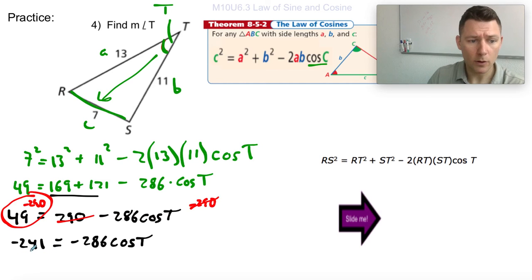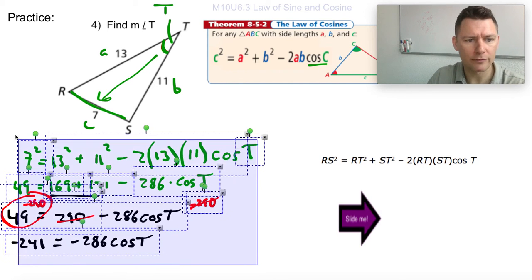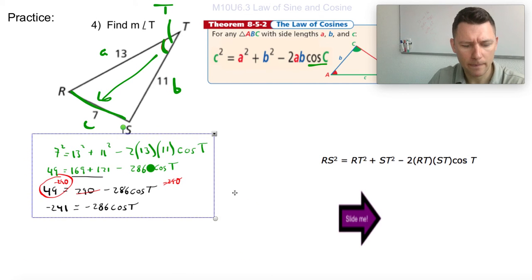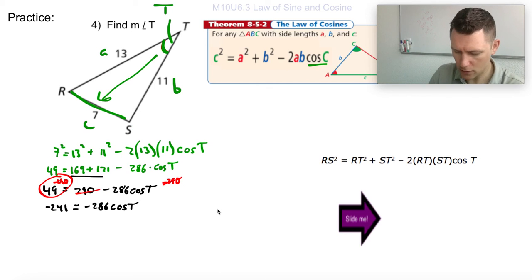Cool? So now we've got negative 241 equals negative 286 times cosine of T. And with that, we've got to divide by negative 286.